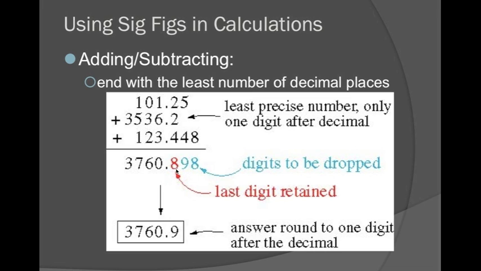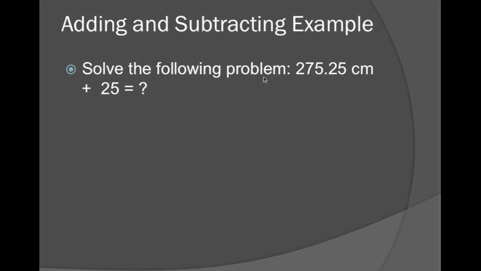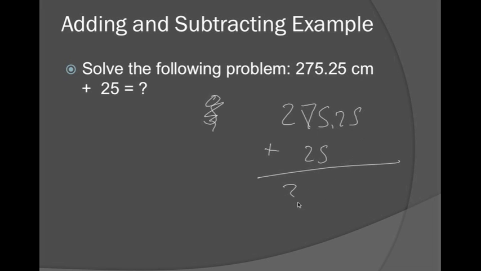Another example of this we see from our study guide, and what we have is 275.25 plus 25, and these are both centimeters. So we're adding 275.25 to 25 centimeters, and we get 300.25.